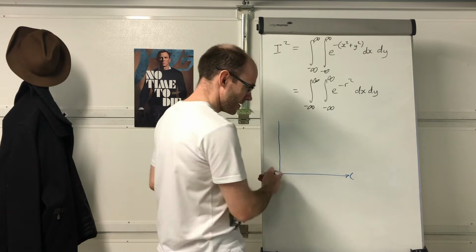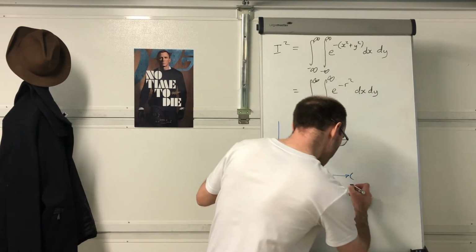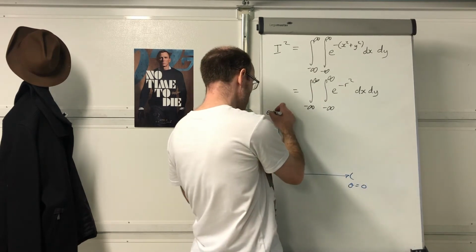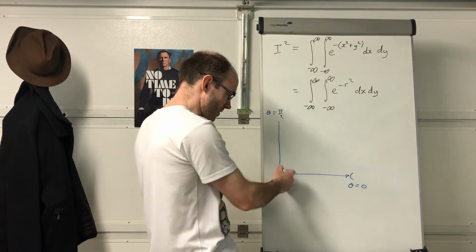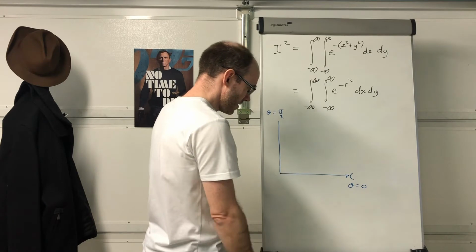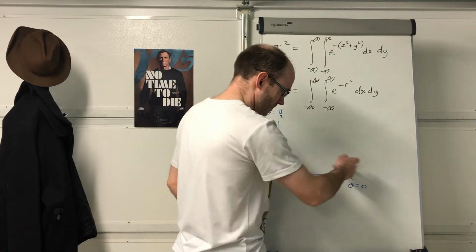Sometimes that initial line is called the line theta equals 0, because that's when the angle is 0, and that is called theta equals pi over 2. Then theta equals pi, and that would be 3 pi over 2, and that would be 2 pi.